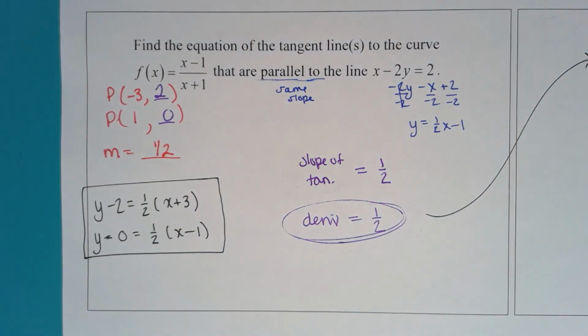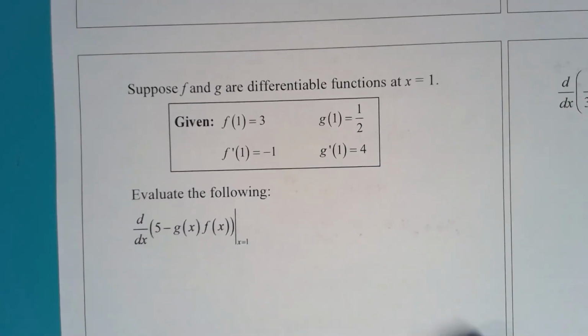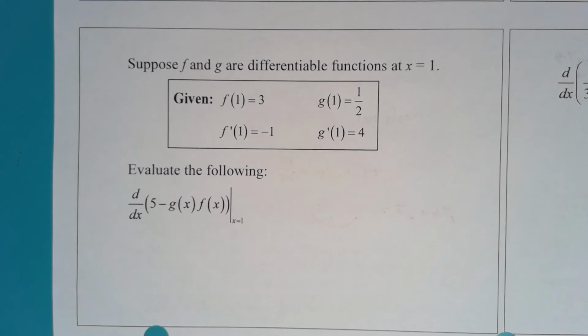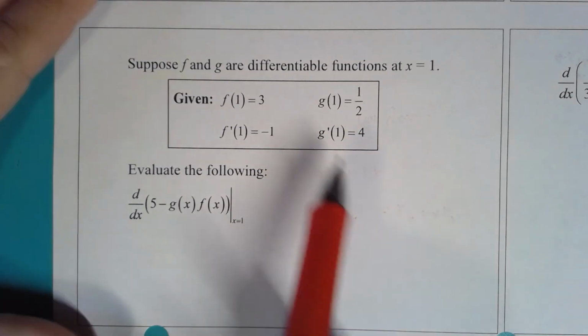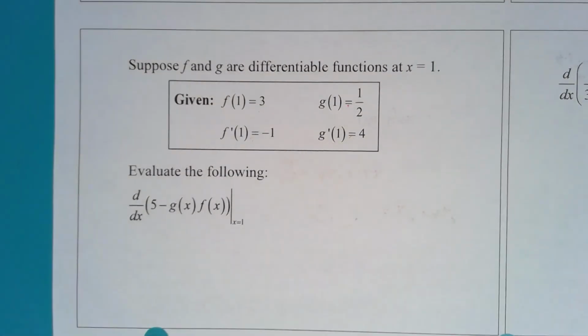All right. Perfect. Let's go to these last two slides. They're together also. They have the same direction set here. It says, suppose f and g are differentiable functions when x equals 1. And then they give us 4 discrete pieces of information. Discrete means they just give us some random pieces of information, right? They're not connected necessarily.